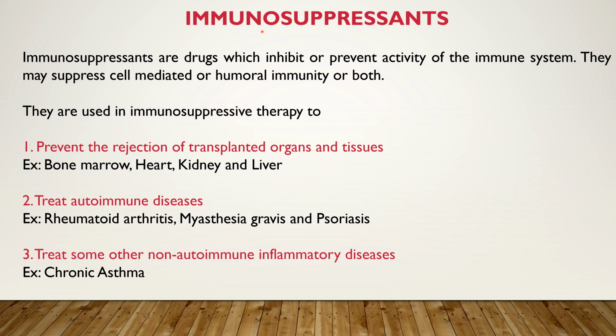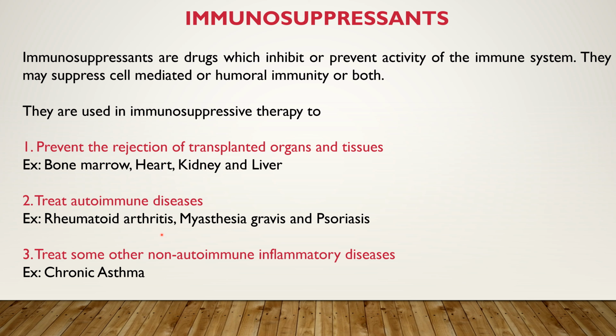So immunosuppressants are the agents which are used to prevent or inhibit the immune system to avoid the rejection of transplanted organs and tissues. During organ or tissue transplantation, to avoid the rejection, we suppress the immunity. For that, we use the immunosuppressants. They are also used to treat autoimmune diseases.